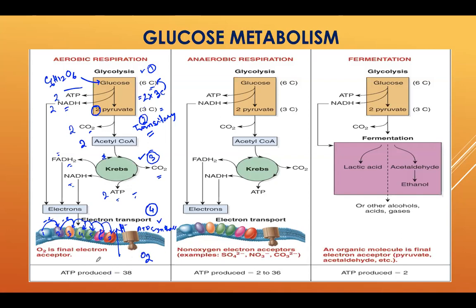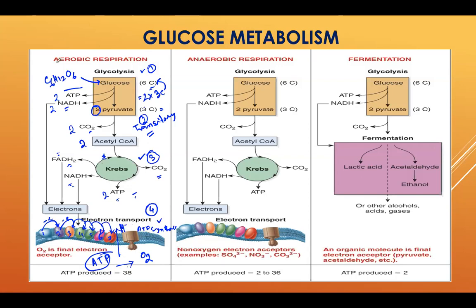Almost 32 to 34 ATP is going to be produced as a result of this electron transport system. Ultimately, at the end of the reaction, almost 36 to 38 ATP, carbon dioxide, and water are produced. So that's the aerobic respiration.